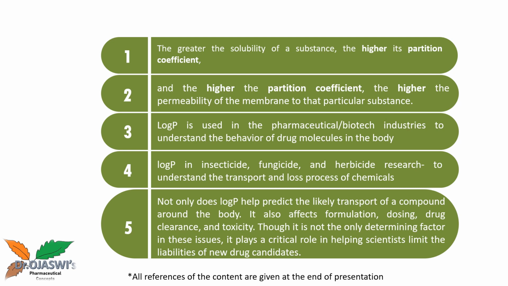Though it is not the only determining factor in these issues, it plays a critical role in helping scientists limit the liabilities of new drug candidates. This criterion also helps us in drug selection and analog optimization.